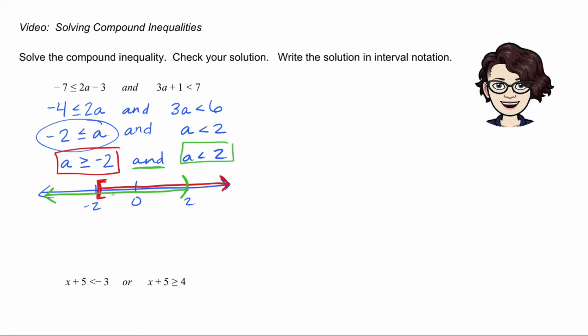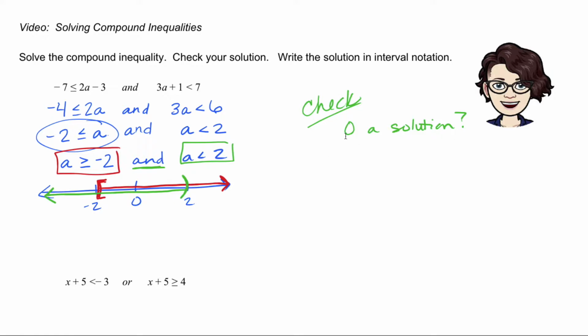So we're going to talk about checking solutions. This is part of that checking process. I'm going to check this off to the side and label my work. Okay, we aren't going to say the solution, because the solution is everything that gets shaded. So is 0 a solution?